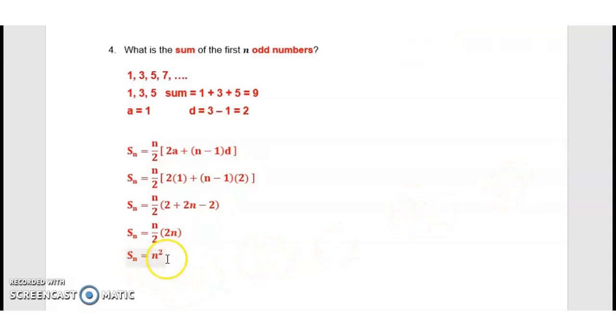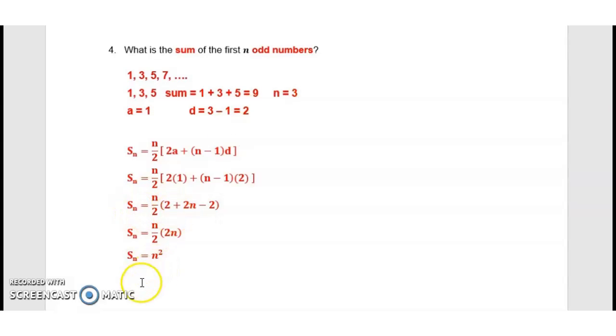Okay, so what is meant by n squared? In general, the sum of the first n odd numbers is given by n squared. Let's say we have, assume that we have 1, 3, and 5 only. So the sum is 9, right? Meaning in this case, we have 3 numbers, so n equal to 3.